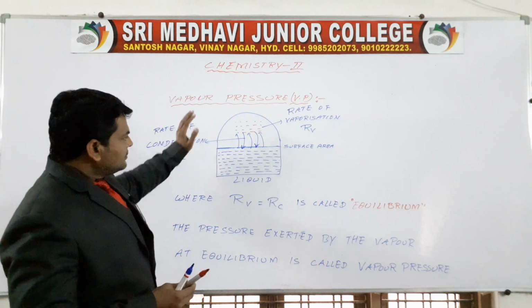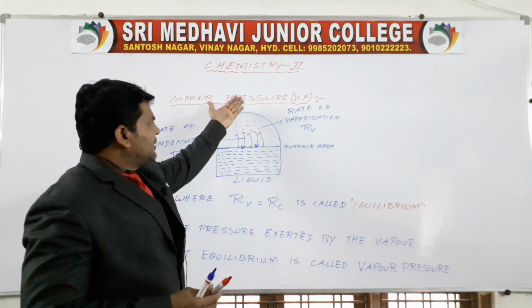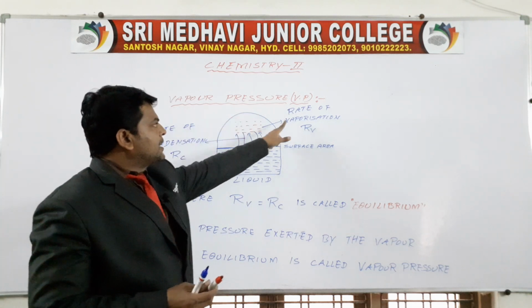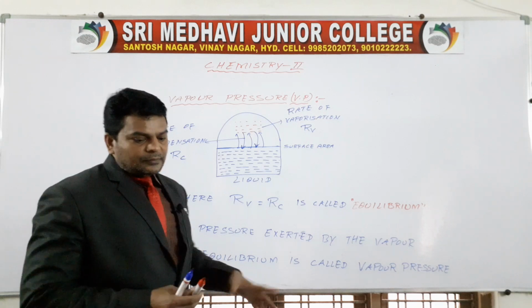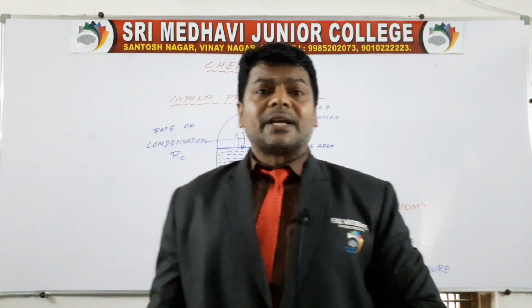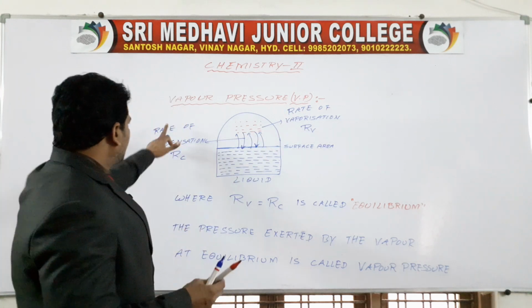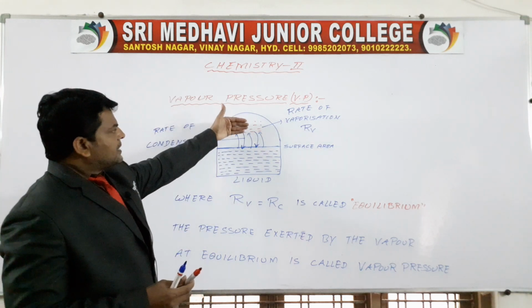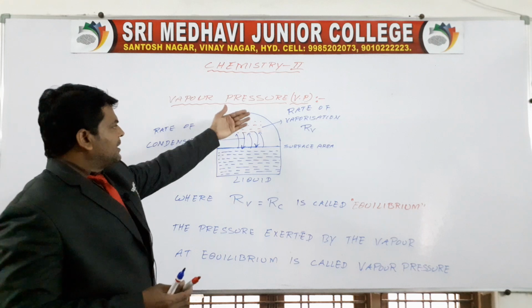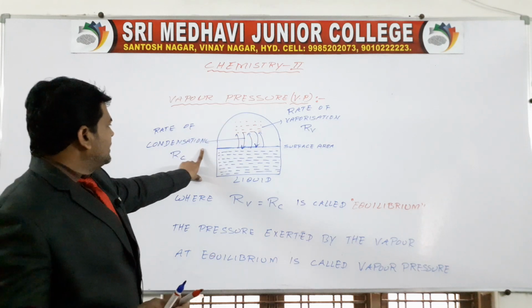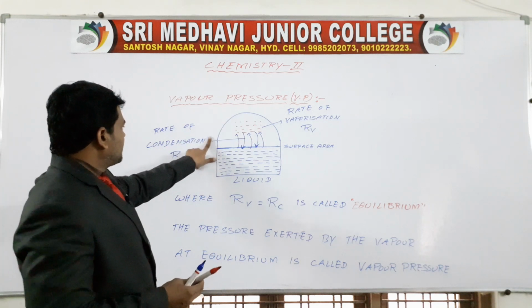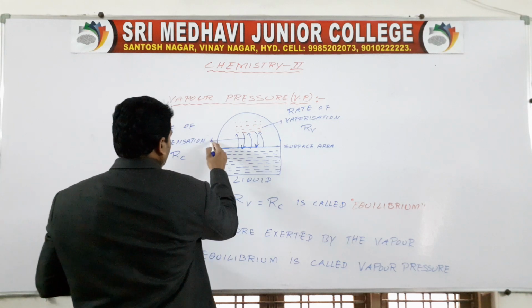Understand? First, liquid converted into vapor is vaporization. In 1 second, how many liquid particles convert into vapor is the rate of vaporization. In the same way, vapor converted into liquid is condensation.